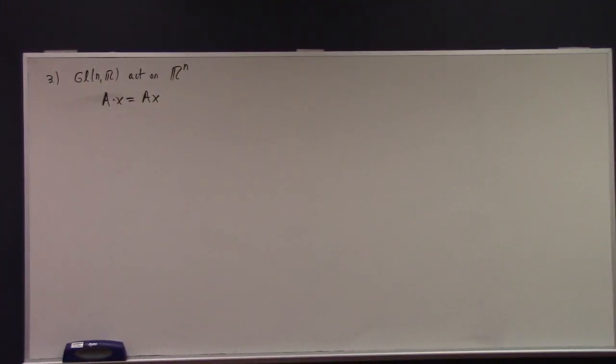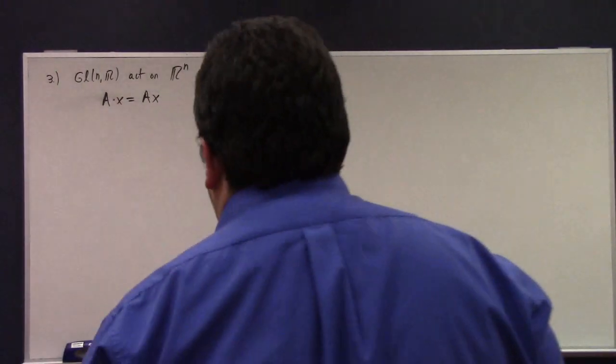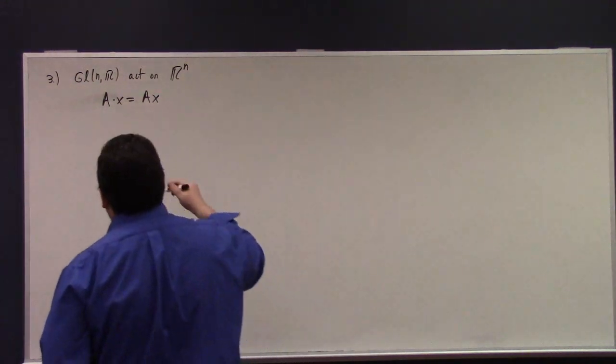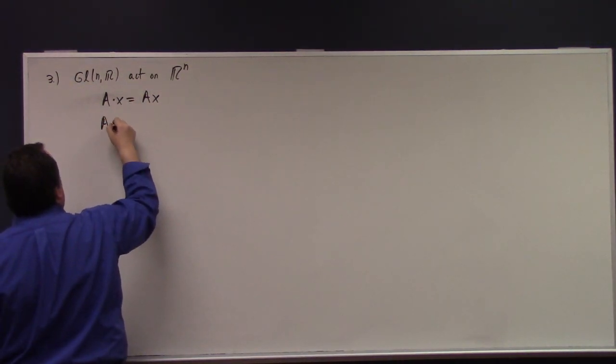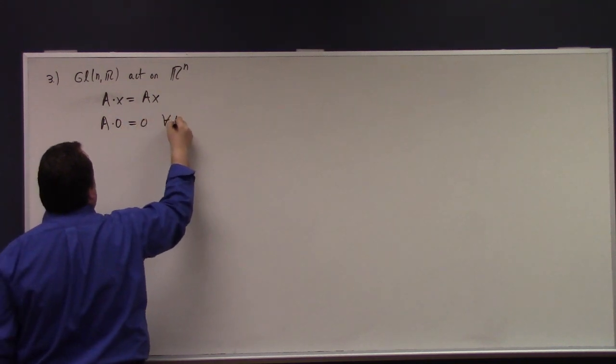So where does 0 map to? A dot 0 is equal to 0 for all A, right?